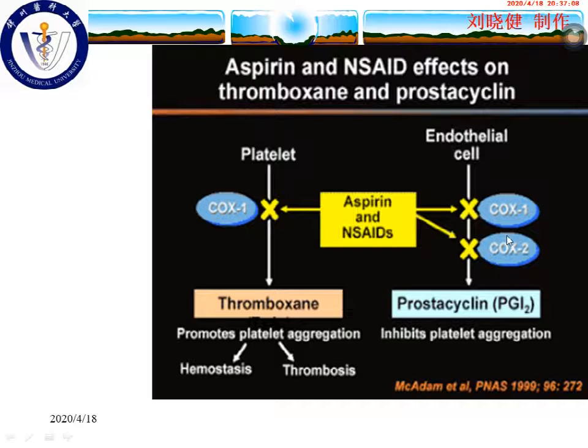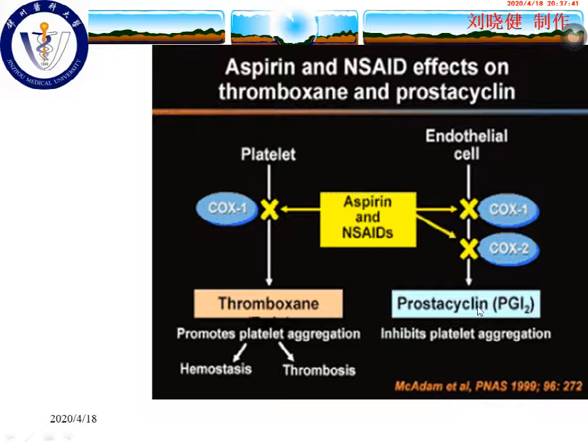And COX-1 and COX-2 in endothelial cells produce prostacyclin, PGI2. The function of this prostacyclin is opposite to thromboxane. It inhibits platelet aggregation and local vasodilation.